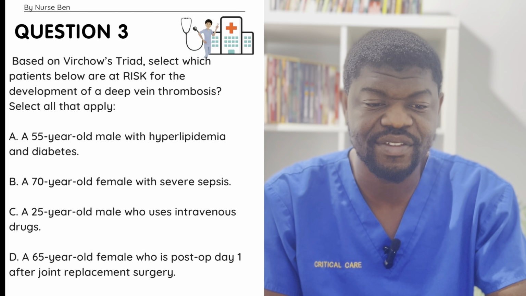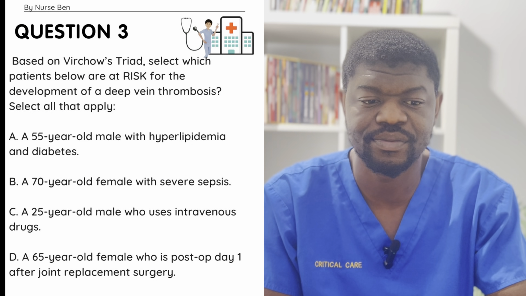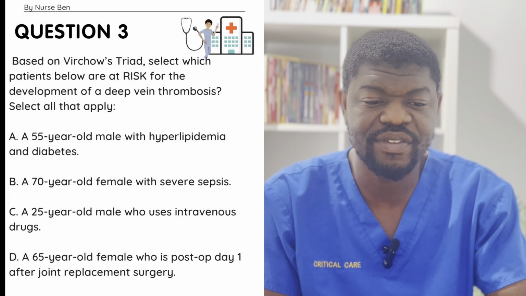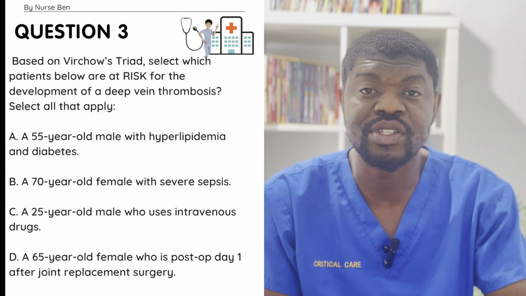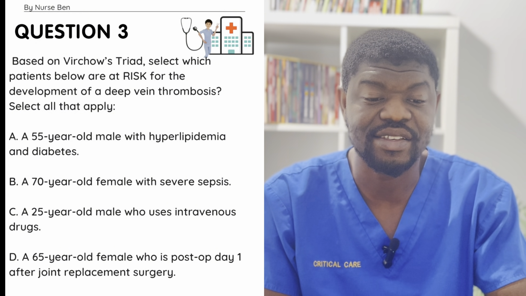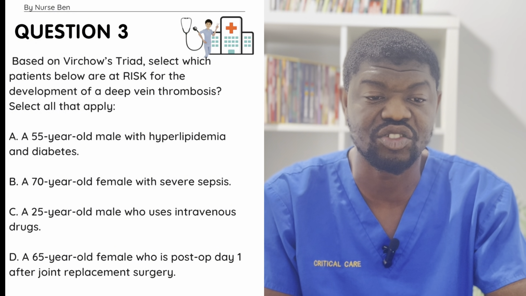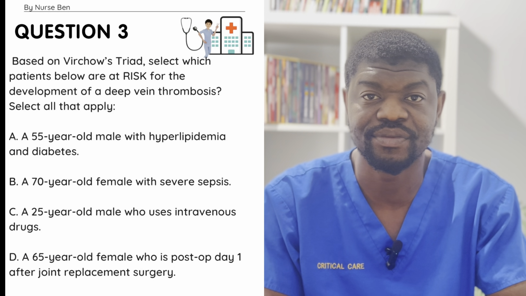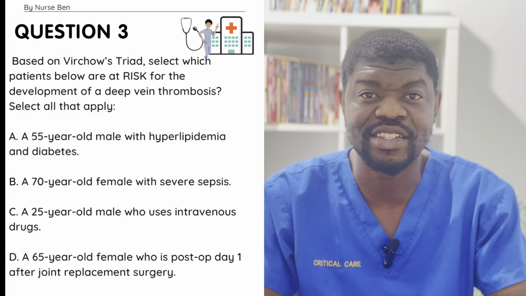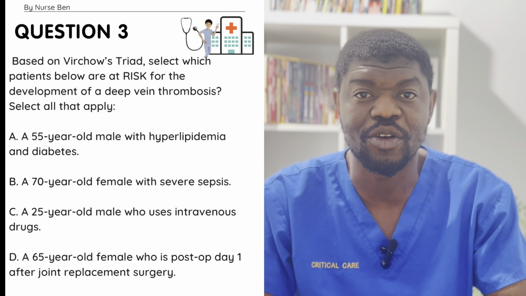B, a 70-year-old female with severe sepsis. C, a 25-year-old male who uses intravenous drugs. D, a 65-year-old female who is post-op day 1 after joint replacement surgery. Take a few seconds and then drop your answer in the comments.